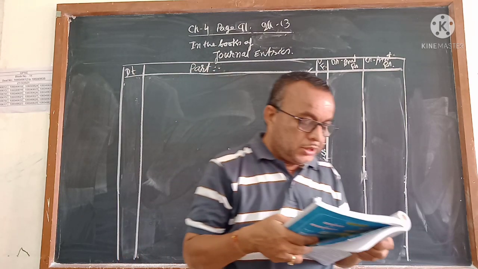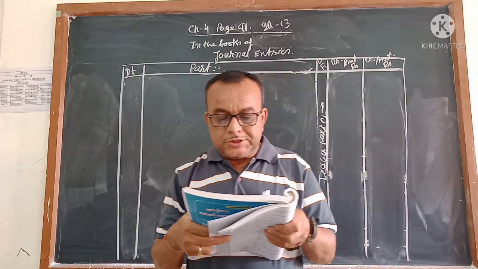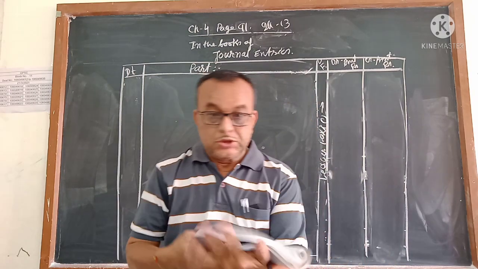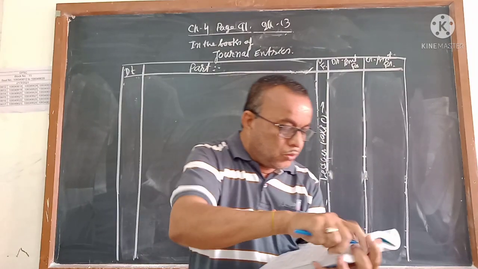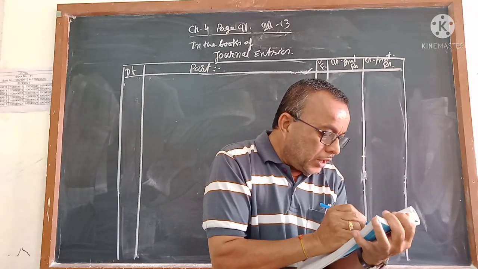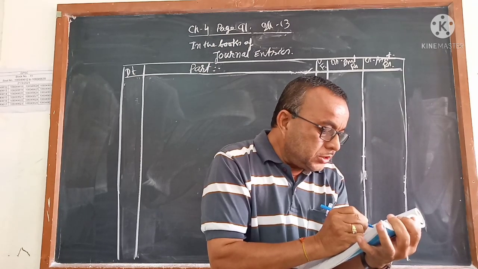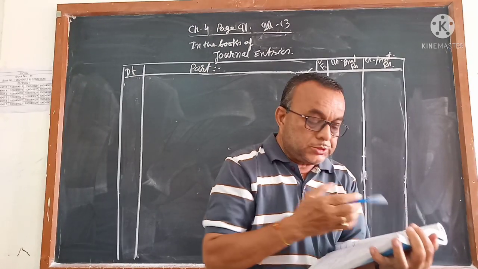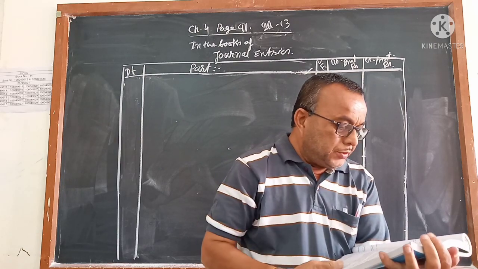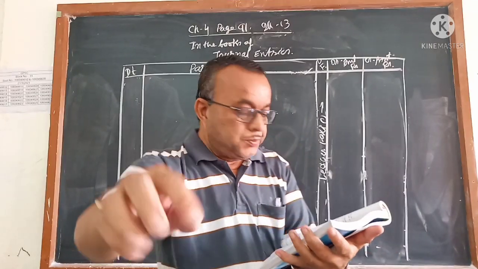The C is not printed in your book, so you write C. CGST is 6% and SGST is 6%, applicable to the business transactions of Ashwin Patel.